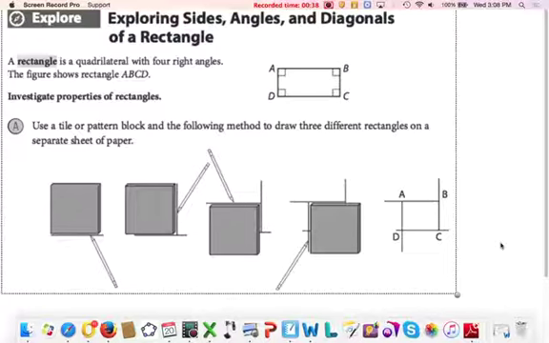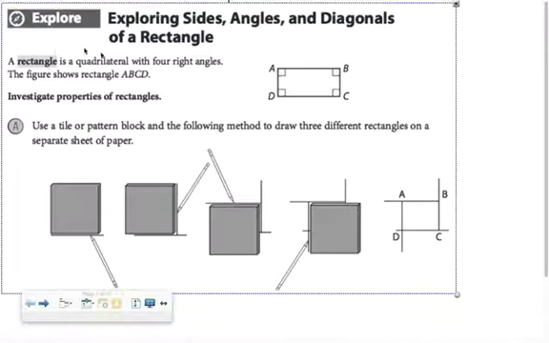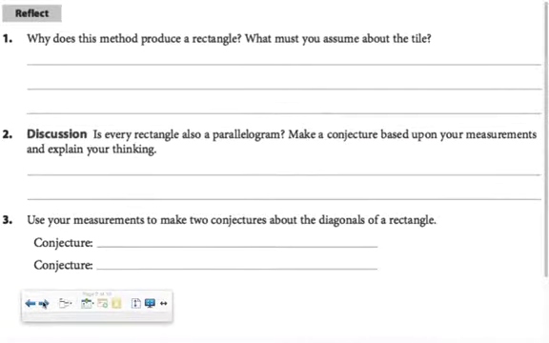Before I get into that, however, I want to touch base on the definition of a rectangle. A rectangle is a quadrilateral with 4 right angles. So if my tile has 4 right angles, then it should just make sense that the resulting quadrilateral that I create will also have 4 right angles. So why does this method produce a rectangle?